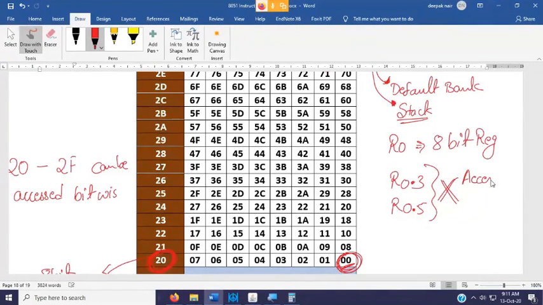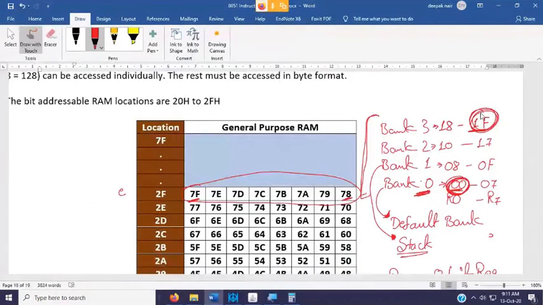It is not allowed. Why? Because that does not fall in the bit addressable location. Similarly for R0, R1, R2, R3, R4, R7, whether you go for any other individual bits in any other bank, you cannot access them bitwise. Bitwise access is not allowed.